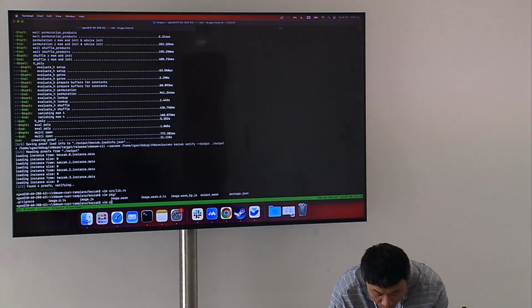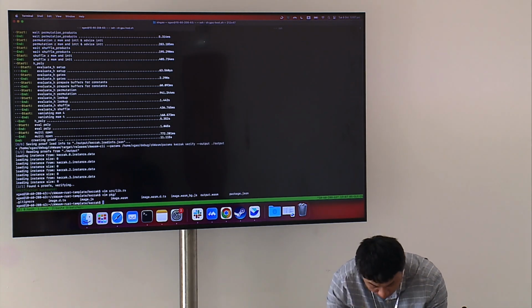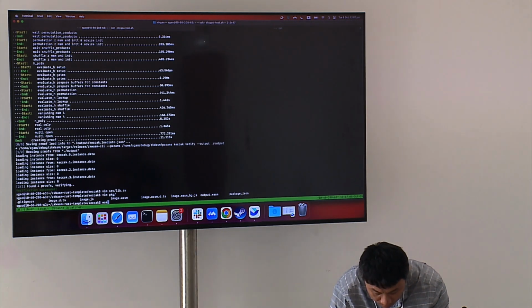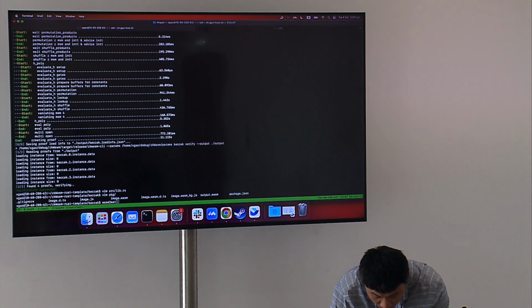Let's recap what WebAssembly looks like. It is something like this.